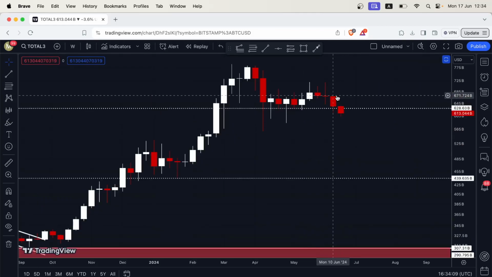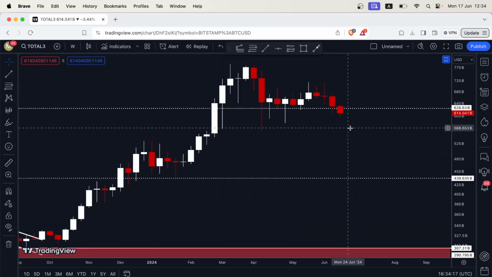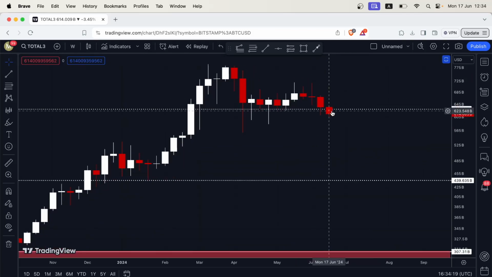But I can tell you that if the candle were to close like it is right now, that would be a really bad sign for altcoins, right? Unless it's just an epic fake out. But what you don't want to see is, come next Sunday evening, the candle body close below this horizontal support line. Okay, because the fact that we've had these battles with it for the last few months shows that this is a very significant level. And then closing a candle body below it would be a major sign of weakness, okay?